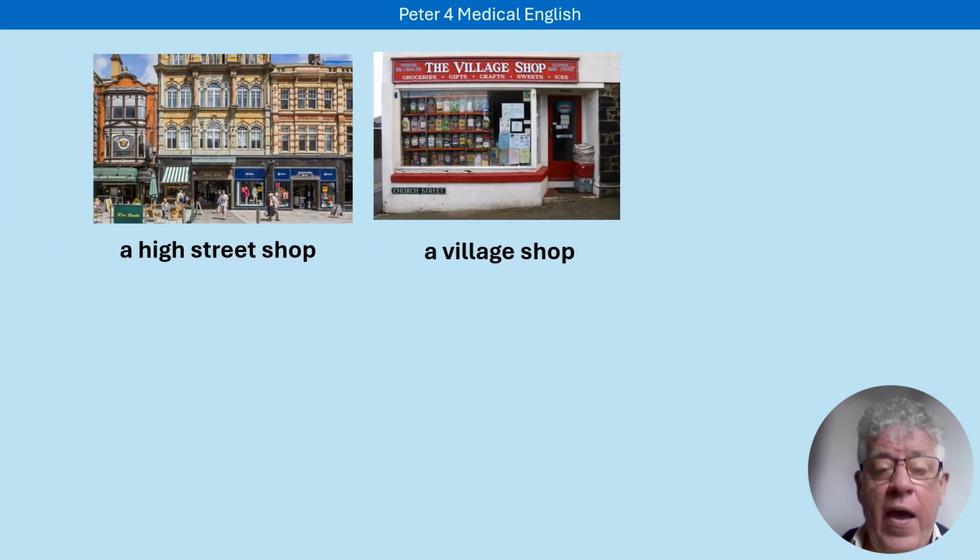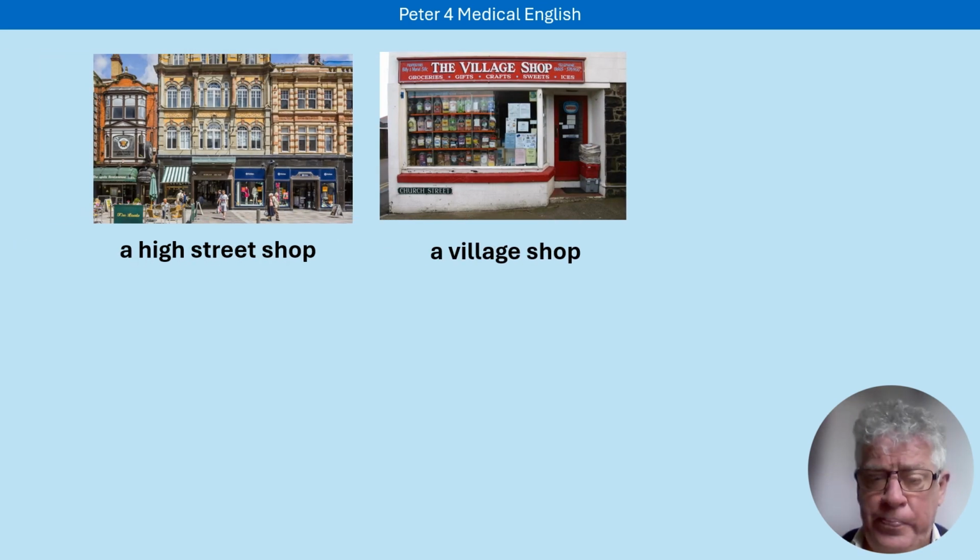Then we have a village shop. A shop in a village. It's often the only shop in the village and sells a variety of goods. Again, if you talked about a village shop to a British person, and probably to many other English users, they would know what you mean by a village shop.